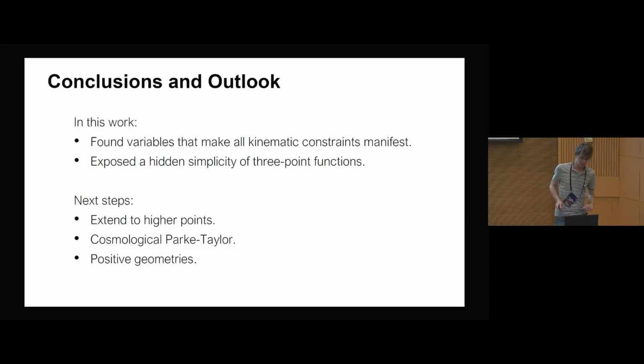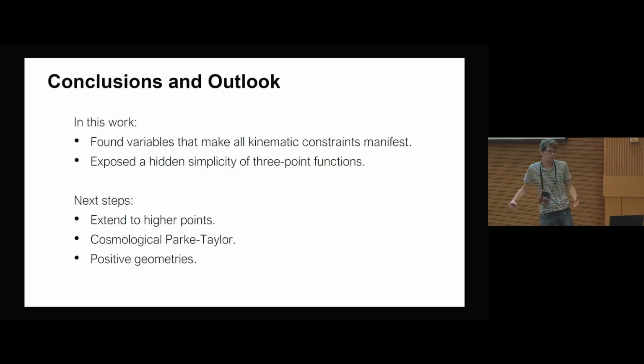Great. And finally, since these variables are the best description of the kinematic data that we currently have, they might also be useful to study geometries in the space of kinematic data, which can be connected to the observable that we care about, these correlators, maybe in a similar way as what happens in flat space, where people interpret amplitudes as the volume of some positive geometry that lives in the space of kinematic data.